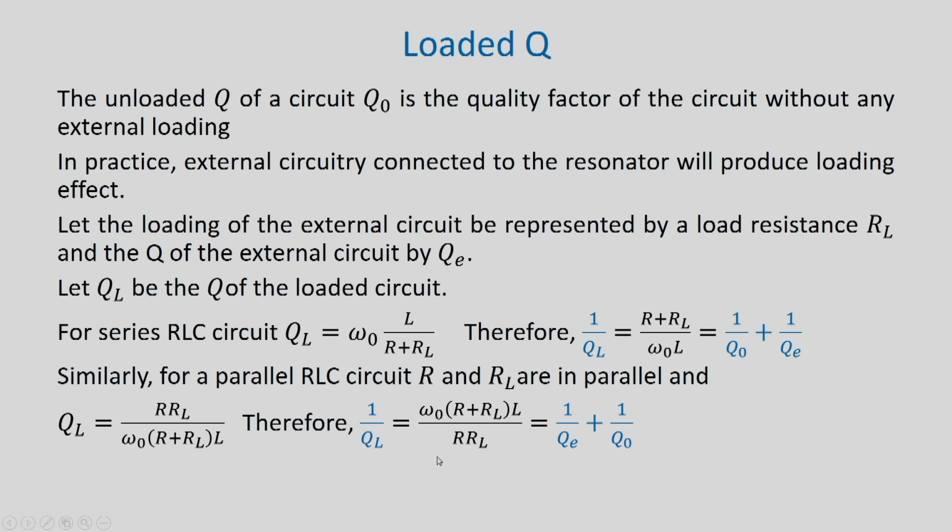So, once again we find that for a parallel RLC circuit also 1 by QL is equal to 1 by QE plus 1 by Q naught.